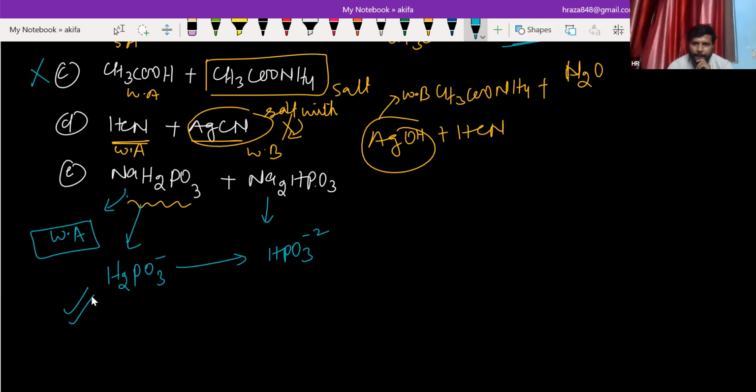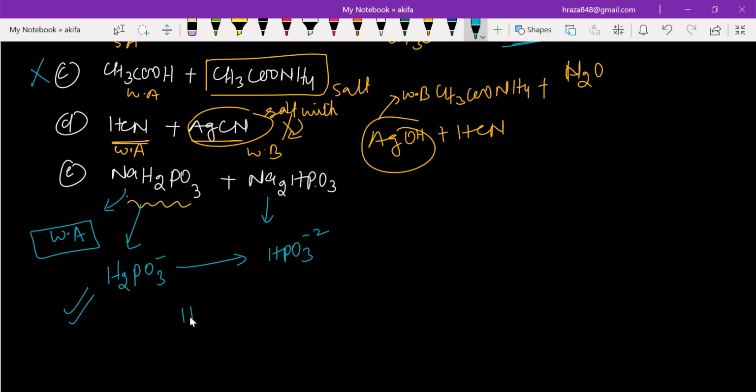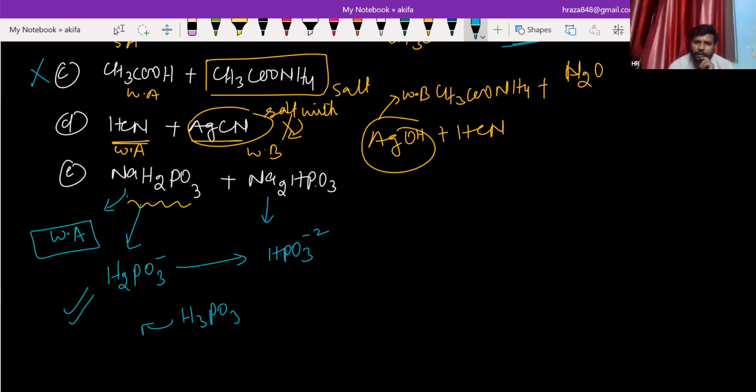Yes or no? First of all, it was H3PO3. Then I just removed one hydrogen and put it as NaH2PO3. It can also lose one more hydrogen, so it will be like this. This weak acid is reacting with NaOH.